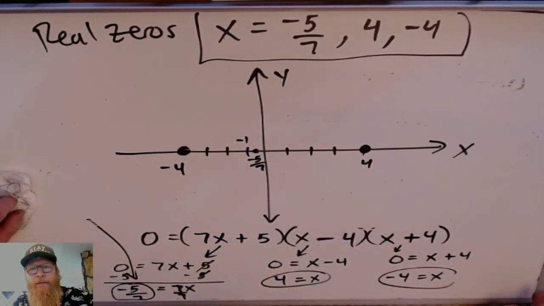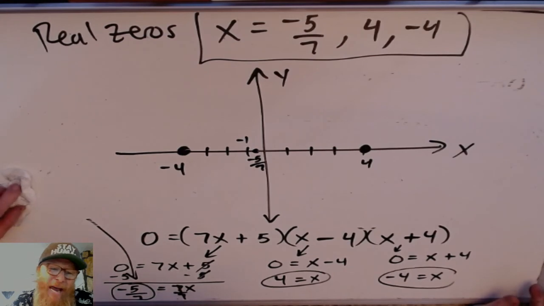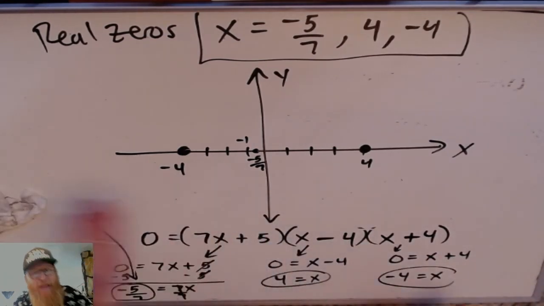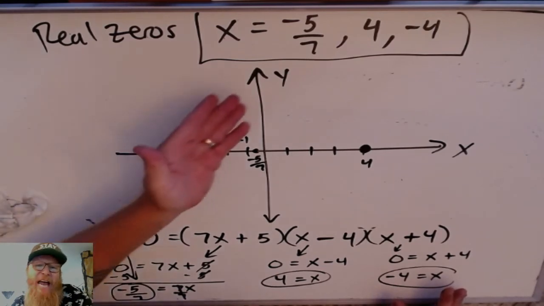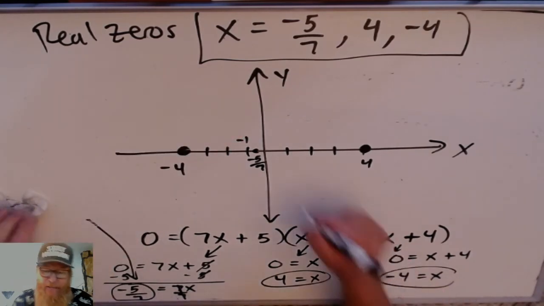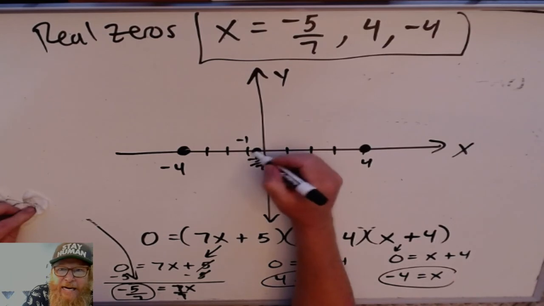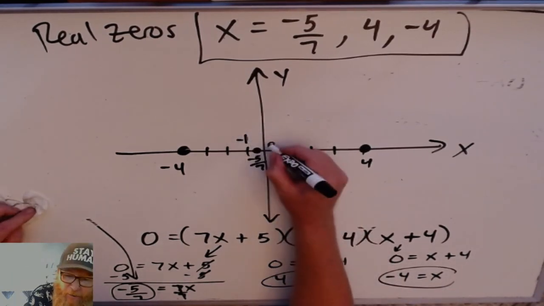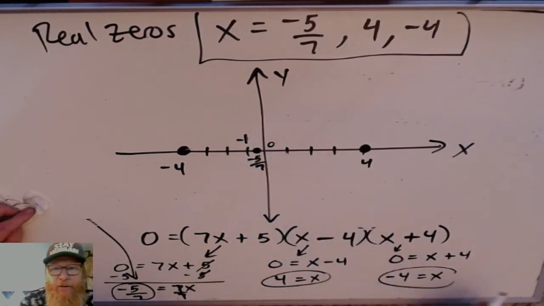It's almost a half, actually a little bit to the left of a half. 5/10 would be a half, so that's 5/7. So it's between 0 and -1, kind of in the middle.